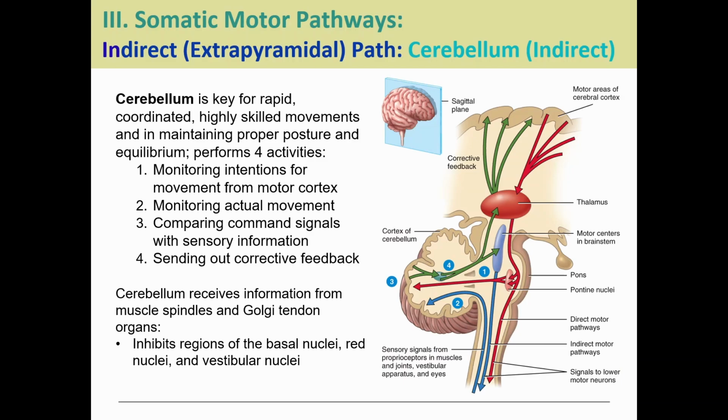Let's say we need to maintain balance, we're swinging to the left, and the brain allowed us to swing towards the right, the cerebellum can make sure we don't overcorrect, and that we can stay somewhere in the middle. So the cerebellum is going to receive information from muscle spindles and from the Golgi tendon organs to help see where we're at, how we're positioned.